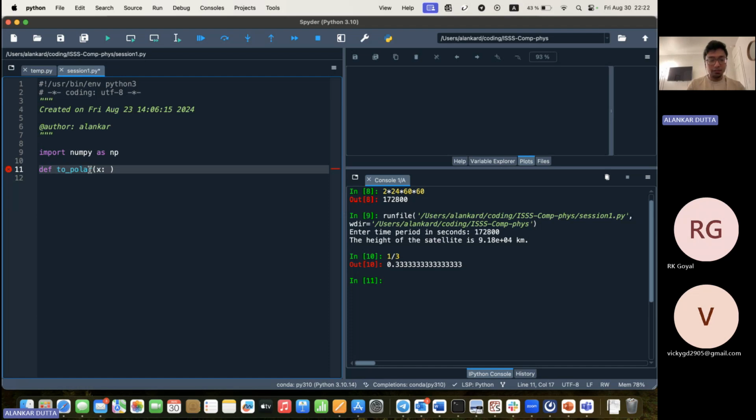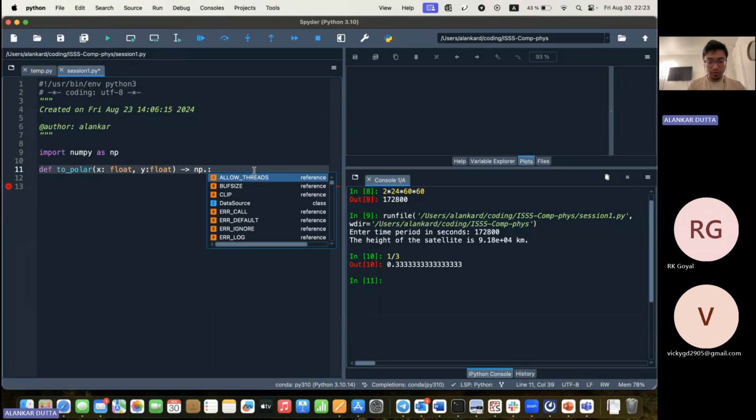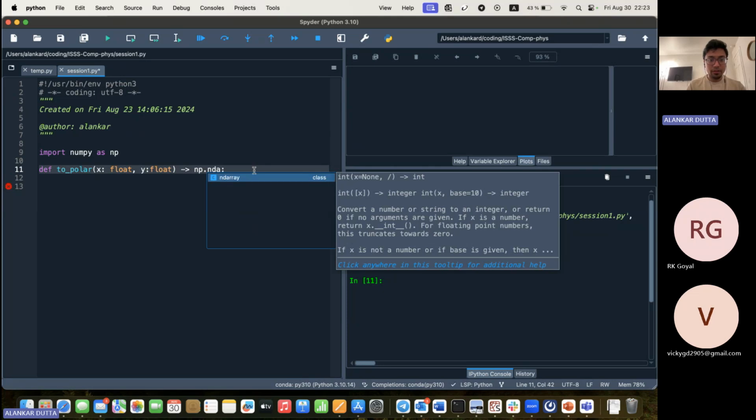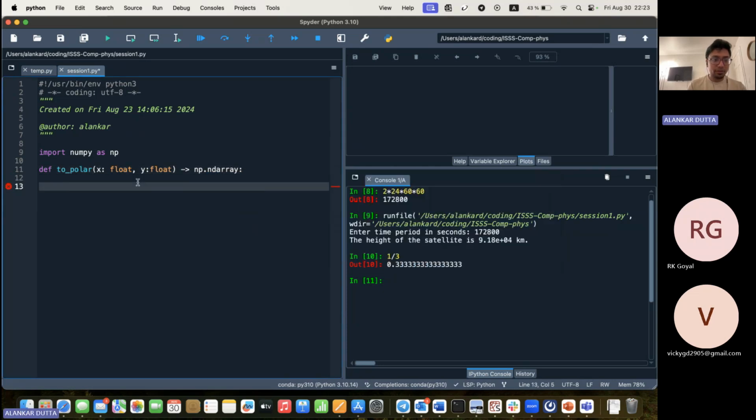This function gives an output which is a tuple of two numbers, a float and a float. Or rather, I would say np.ndarray, so we'll use a numpy array for it. I'll come to what I mean by this.